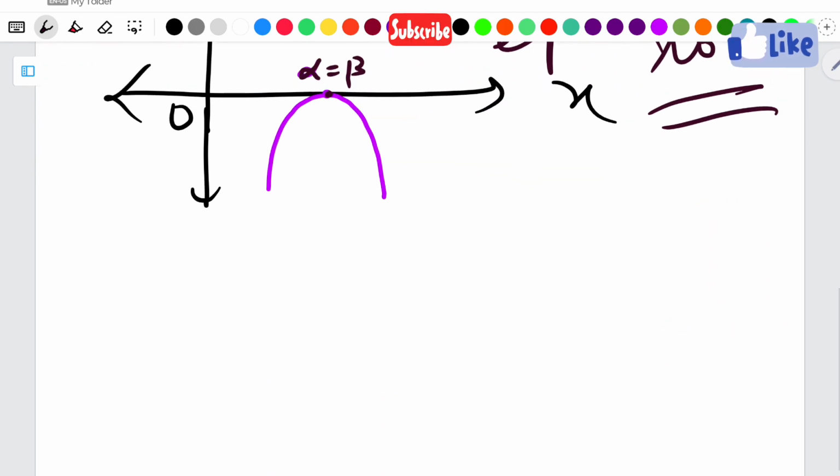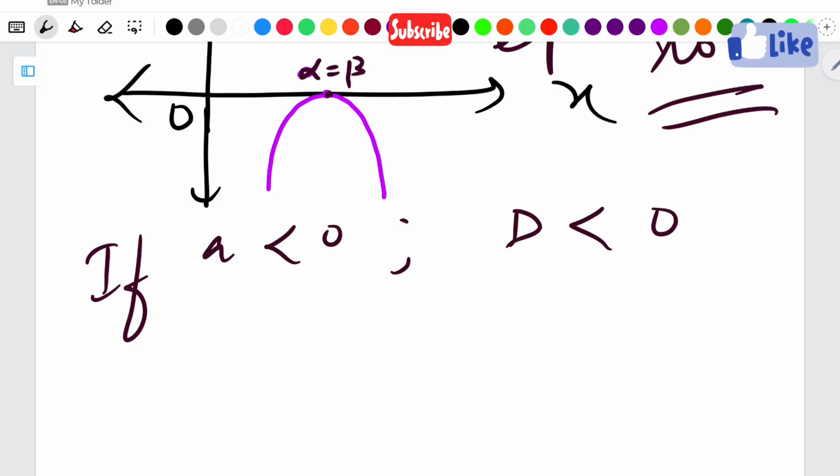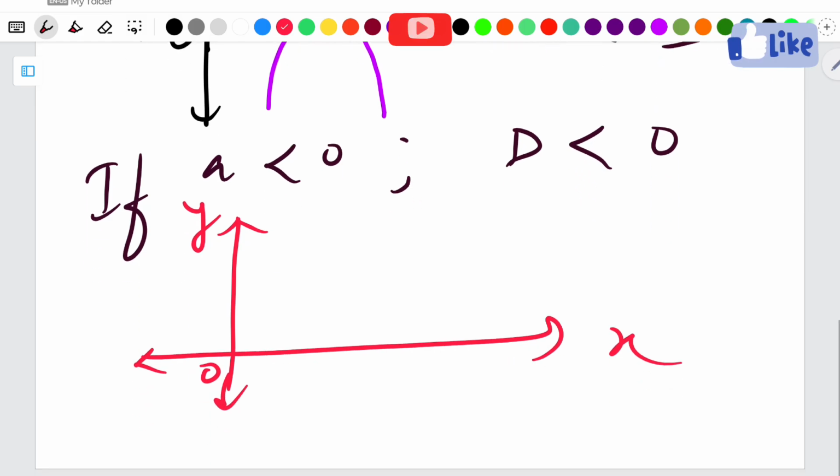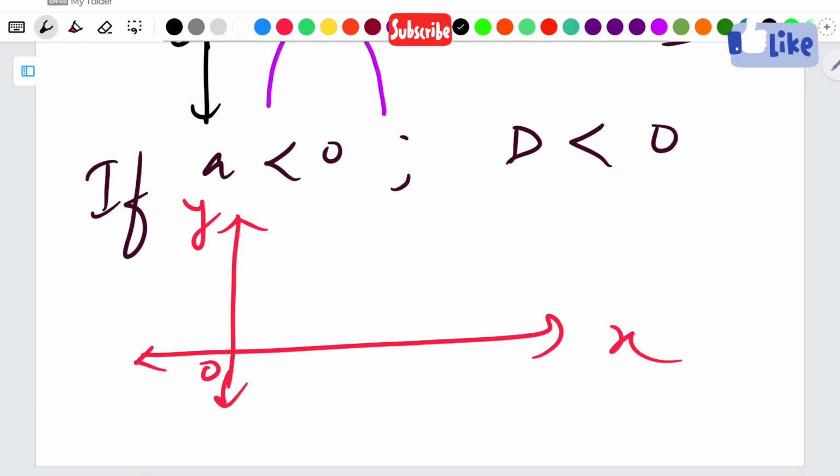Okay, and the last one is if a is less than 0 and d is also less than 0. Now drawing the curve by drawing the x-axis and y-axis. This one is the origin. Now see, if d is less than 0 there are no real roots, and if a is less than 0, that means a downward parabola.